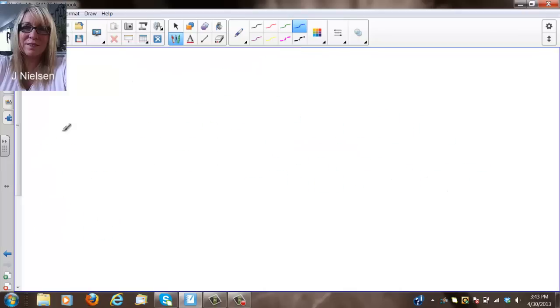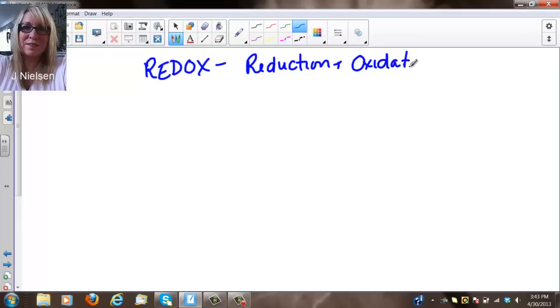We've gone over how to assign oxidation numbers. We've gone over the difference between reduction and oxidation. We've gone over balancing equations, oxidizing agent, and reducing agent. In order for something to be redox, you must have reduction and oxidation occurring simultaneously at the same time.